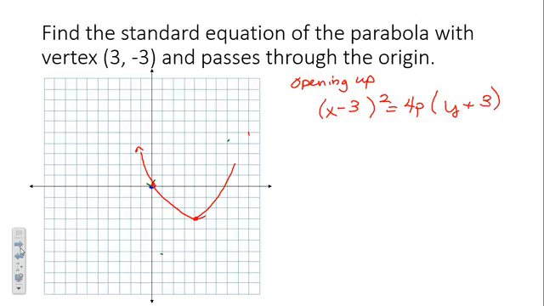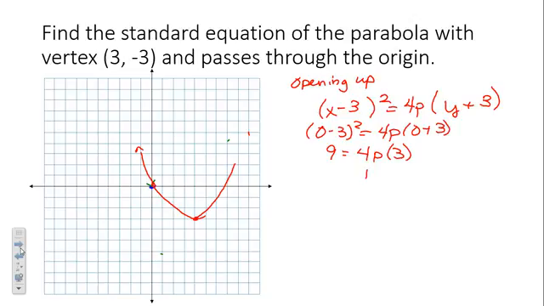Now, we don't know what p is, do we? We can plug in (0, 0) to figure out what p is, because this has to satisfy the equation of our parabola. So when we plug in (0, 0), (0 minus 3) squared equals 4p times (0 plus 3). So negative 3 squared equals 4p times a positive 3.